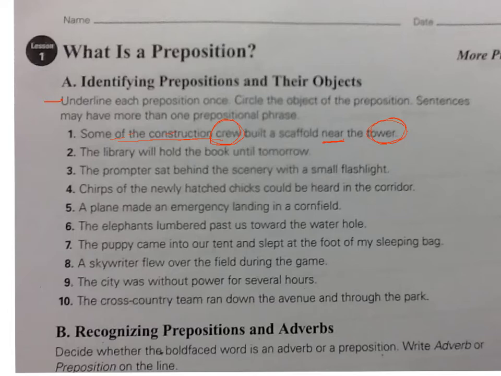So ignore everything in the middle. Remember, in to the smelly, ugly bathroom, smelly and ugly are not the objects of the preposition to, but rather modifiers of the object at the end of the prepositional phrase. So make sure that you choose just the object at the end of the prepositional phrase. So I'm going to go ahead and tell you to pause the video, complete these exercises, and then I'm going to move on to the next exercise.